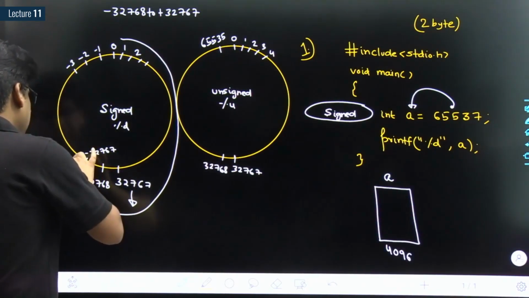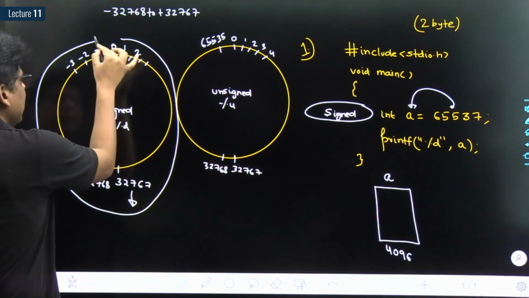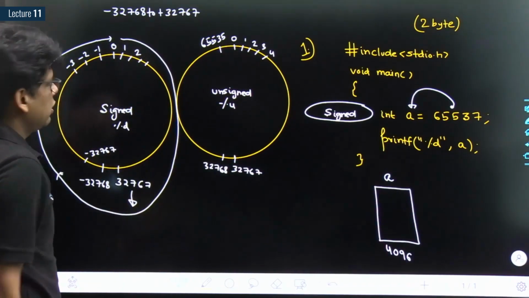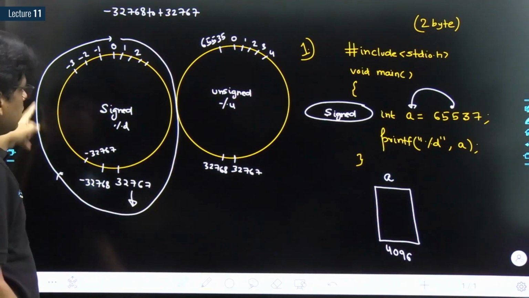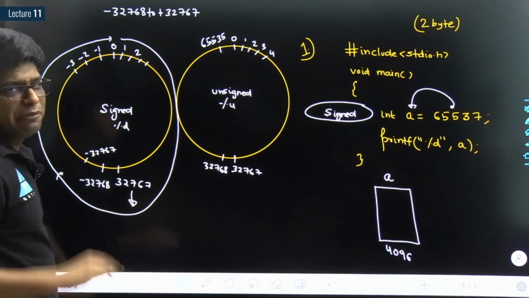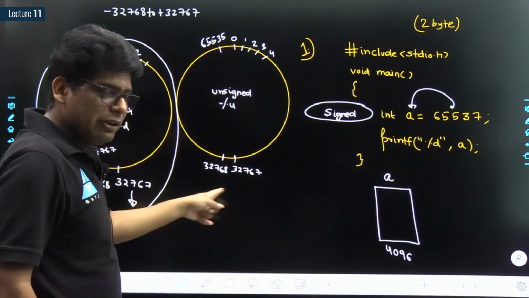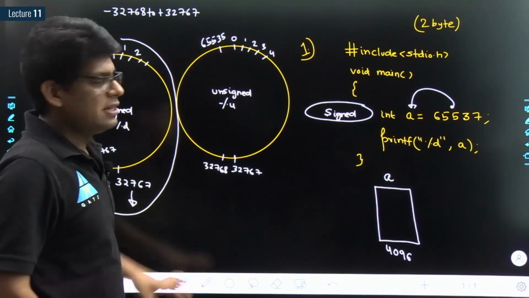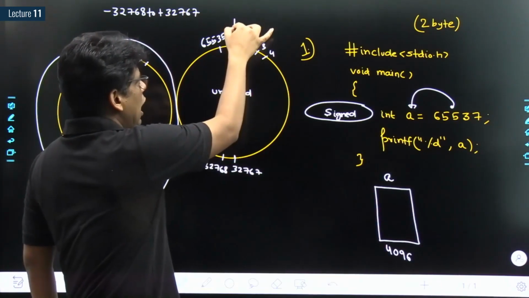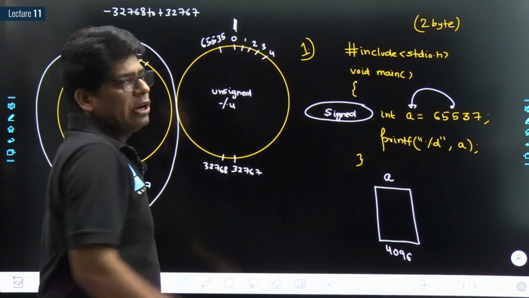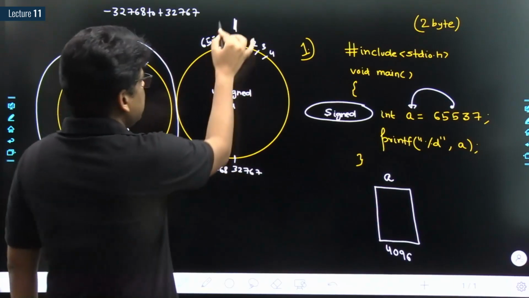Then, sir, till here, what is the count? If you don't know, see this circle. We go like this, and again come back at 0. How many numbers have we already covered? Sir, 65536.